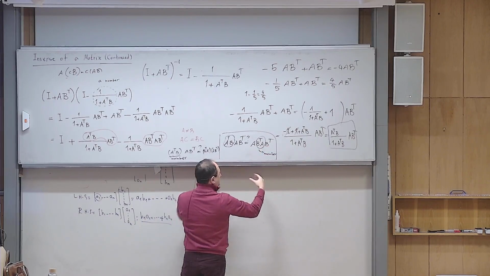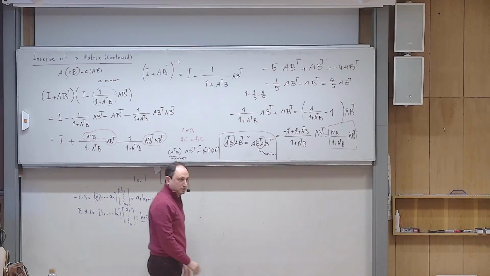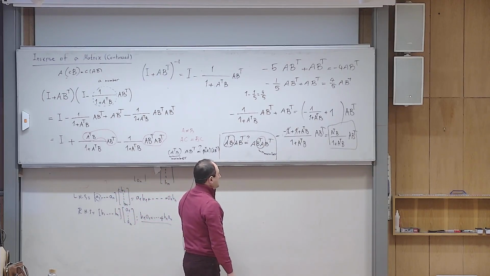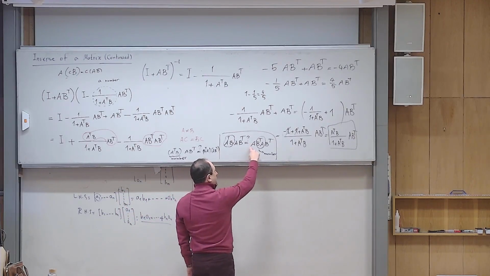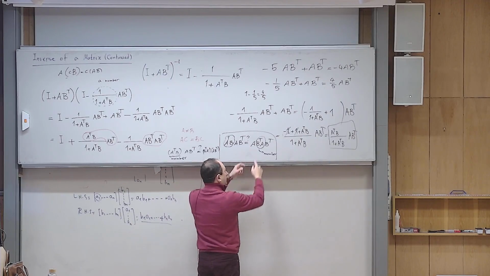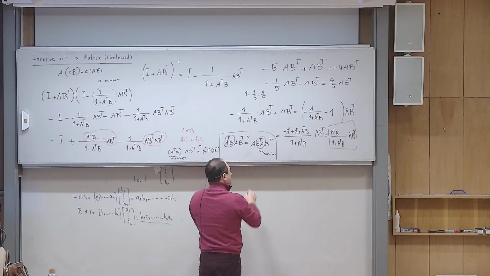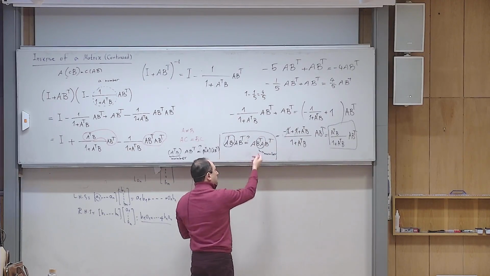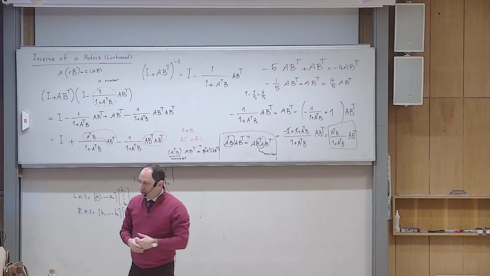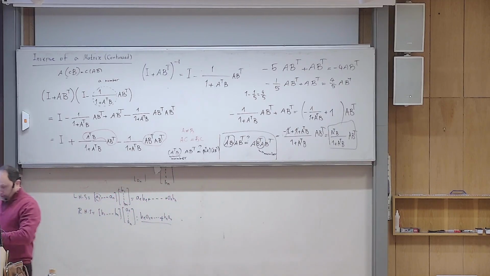But when I put them together, the combination in the middle became a number. And that is relying on the associativity, yes? Because you have the product of four matrices, grouping them without changing the order is always allowed. So I decided to group these two together. Why is that? Because I realized that if I do that, it becomes a number. When it is a number, I can pull it out. Yes? Okay, so this way of thinking is actively engaging with the problem.